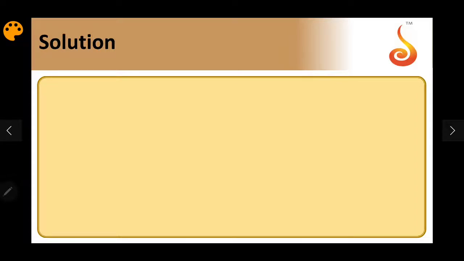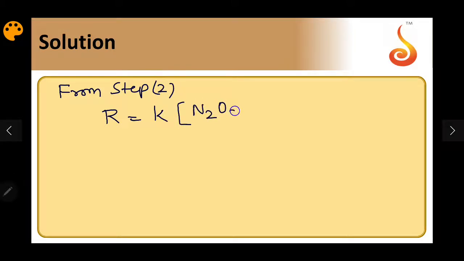So from the RDS, that is the slow step, step 2, I can write rate is equal to K into concentration of N2O2, which is the intermediate, and H2, the reactant. I know the value of K, I know the H2 concentration, but I don't know N2O2.